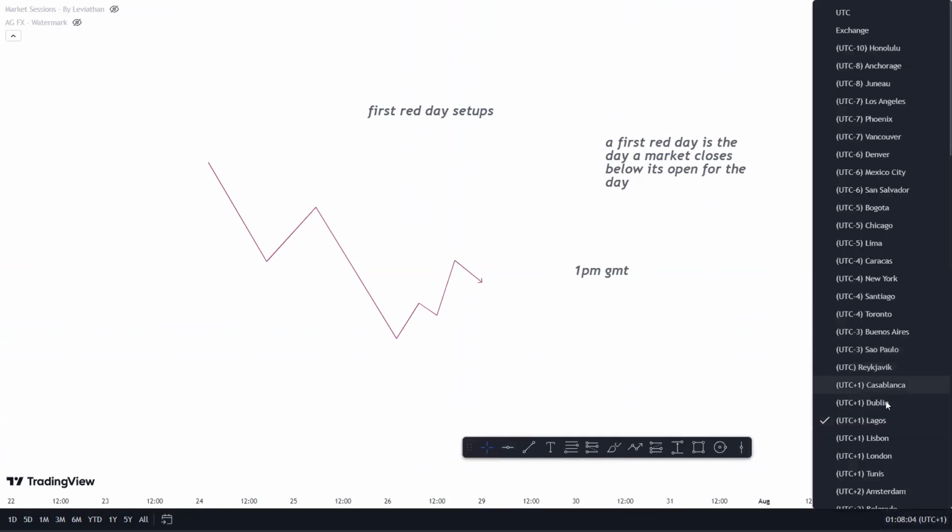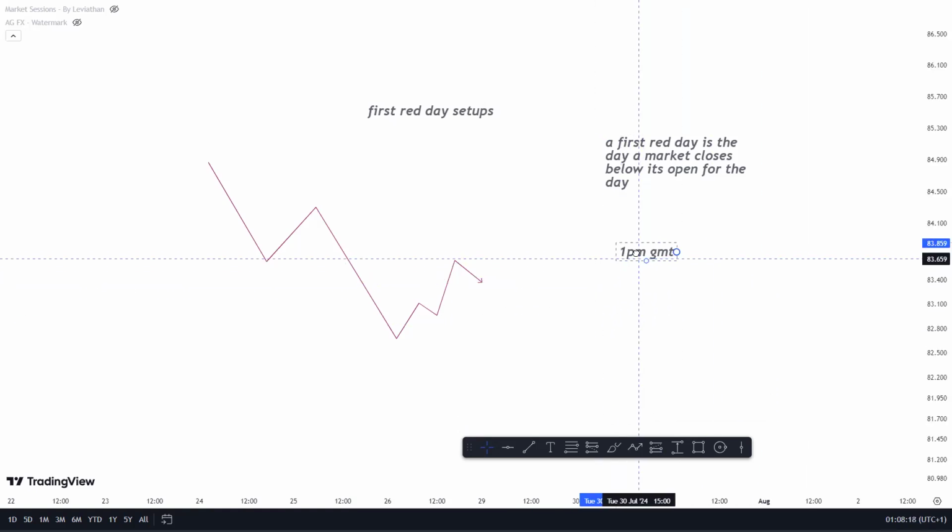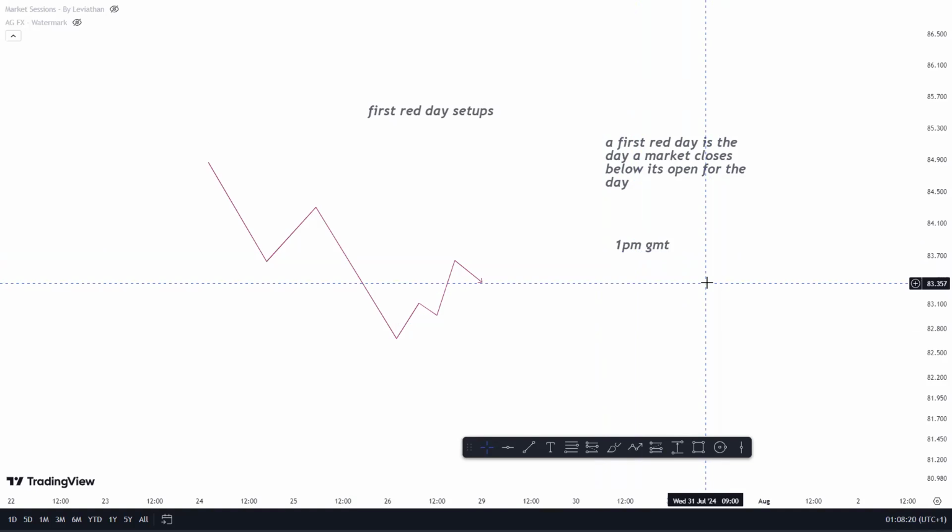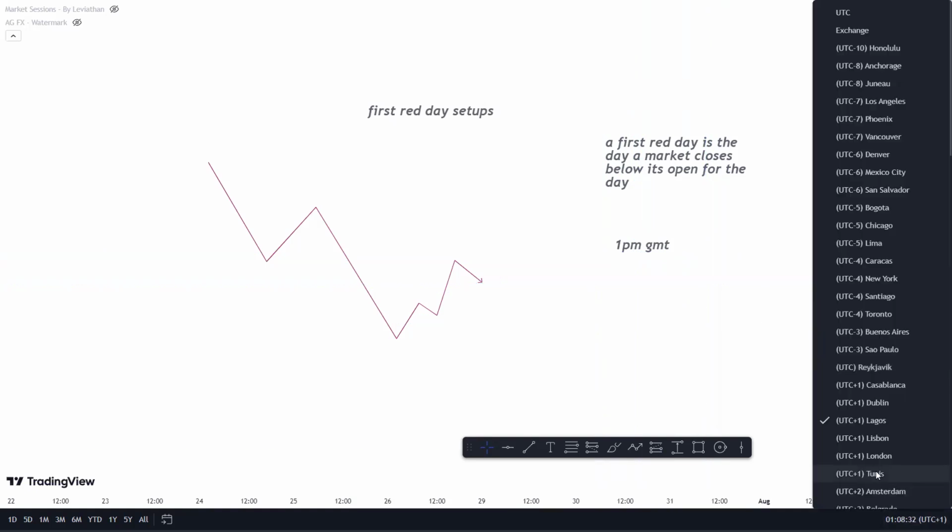1 p.m. GMT. So my time right now is GMT plus 1. I know that we're using UK time, right? So right now we are at the same time as the UK.